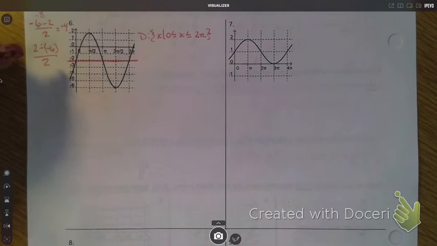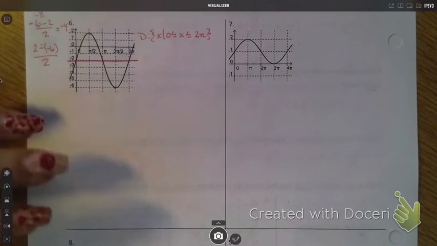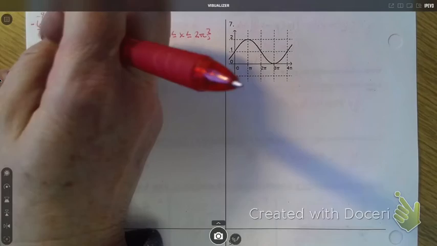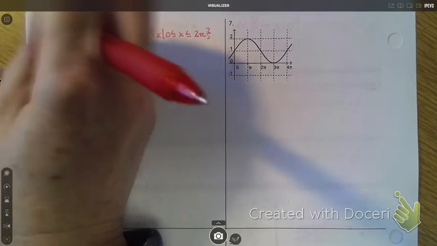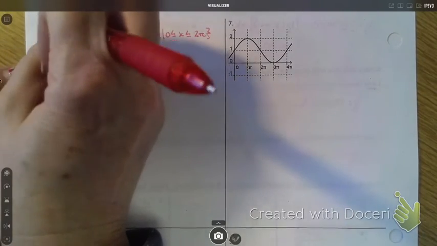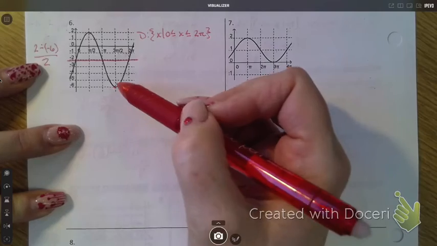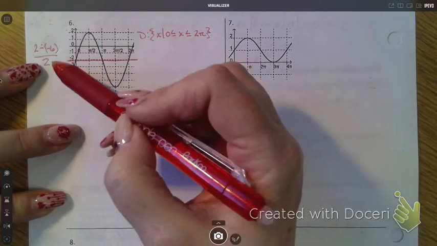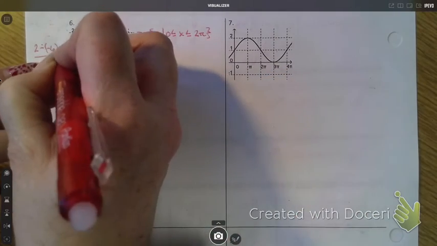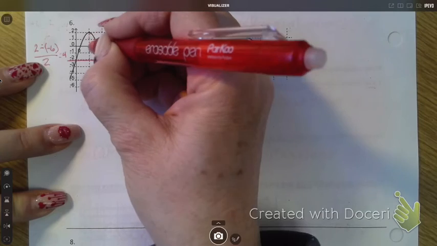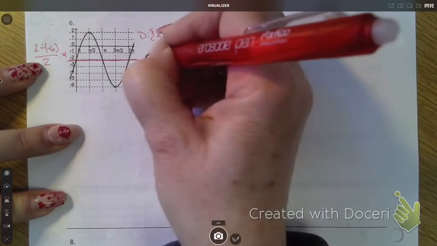So that negative probably would have messed you up, huh? So you need to figure out from the top to the bottom how far it is, and half of that. So half of it was 4. So we just went from the top, 1, 2, 3, 4, and drew our axis.